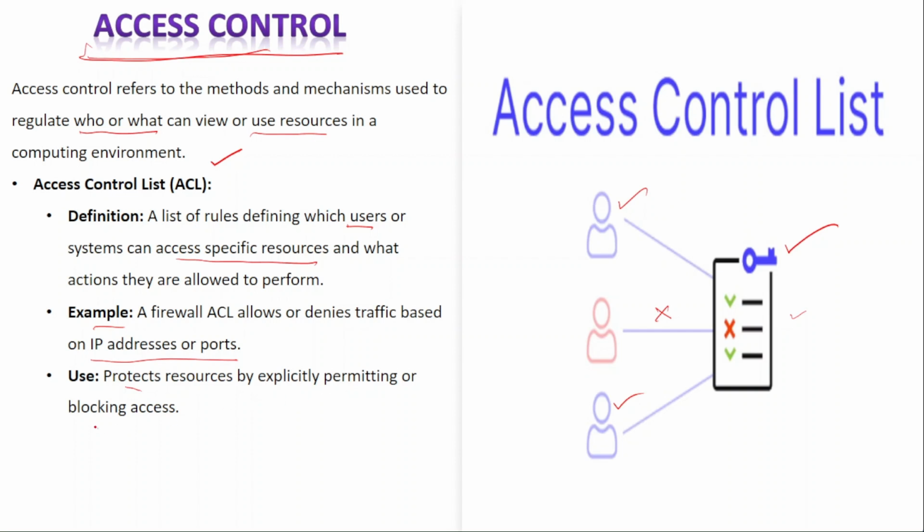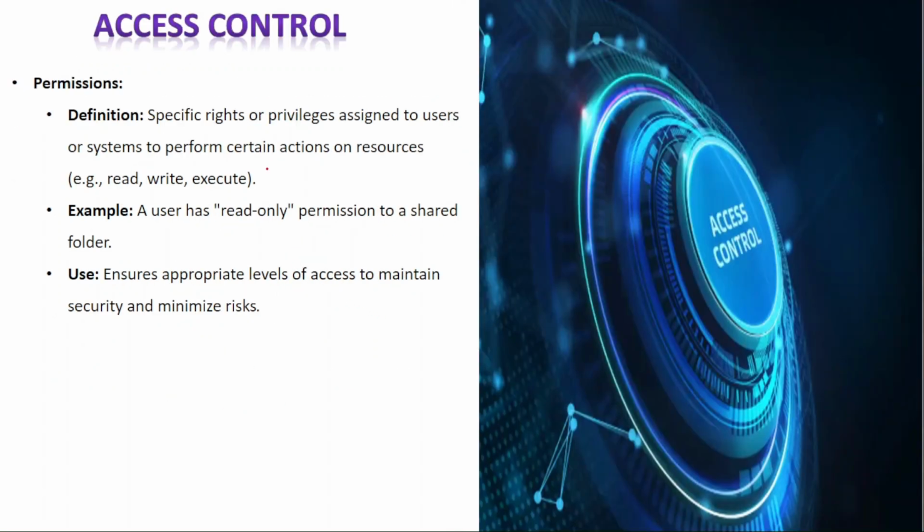Example, a firewall ACL allows or denies traffic based on IP addresses or ports, and it protects resources by explicitly permitting or blocking access. Access control is also applied through permissions, which are specific rights or privileges assigned to users or systems to perform certain actions on resources, for example read, write, and execute. You may have seen file permissions in Linux, where each file has these permissions: read, write, and execute.